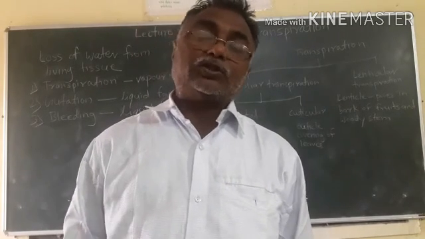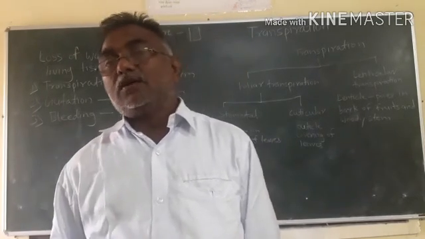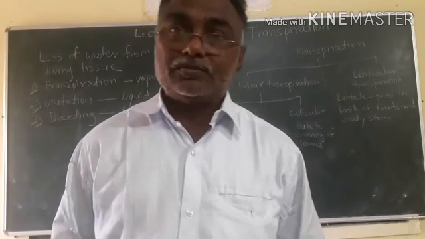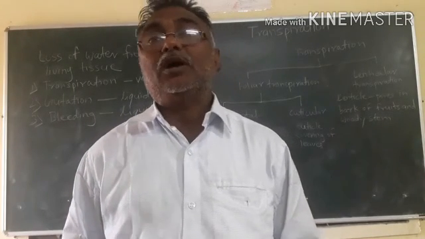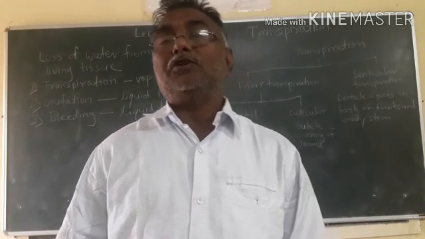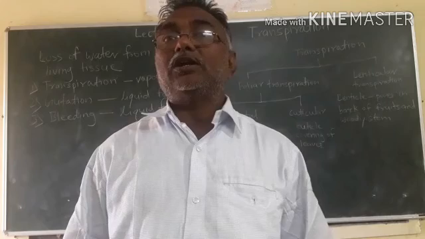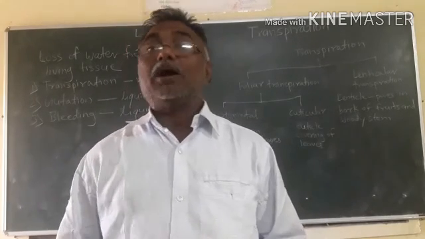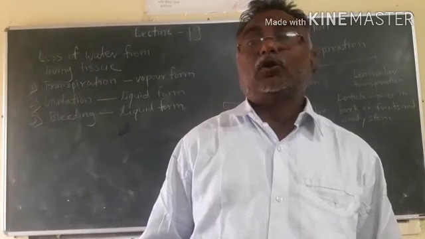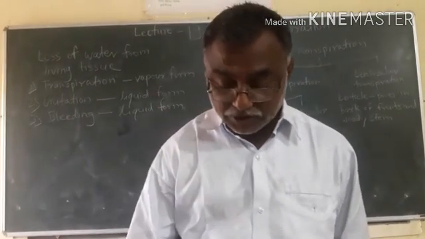All 24 hours stomata are closed, but for a few hours during the day stomata are open. So examples are cereal crops, means jawar, bajra, wheat, rice. In these cereal crops, barley type of plants, stomata are open for a few hours during the daytime.